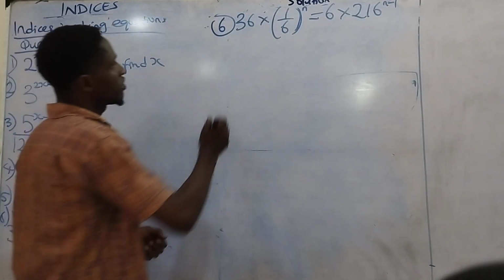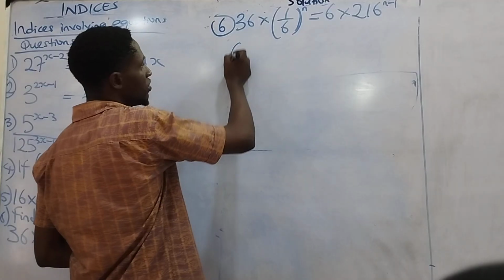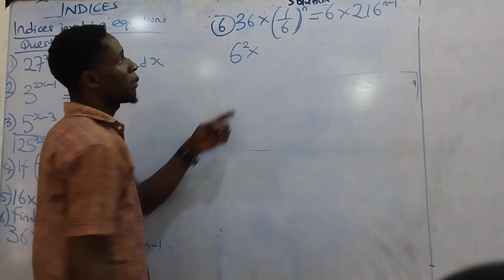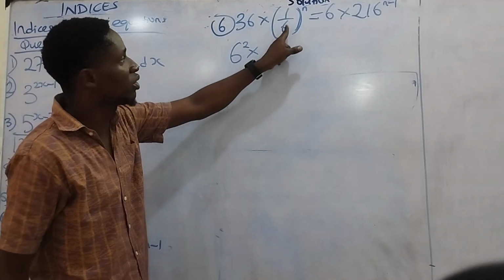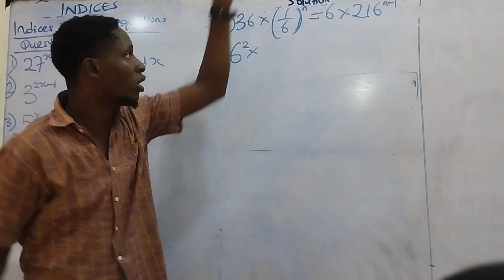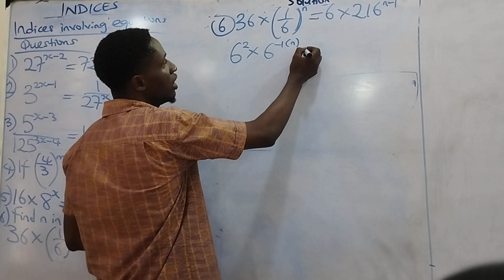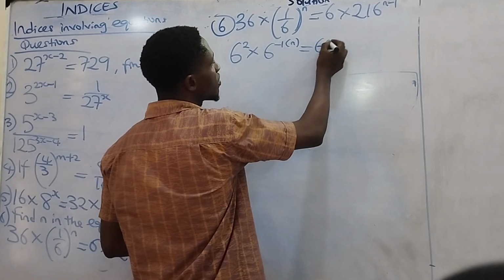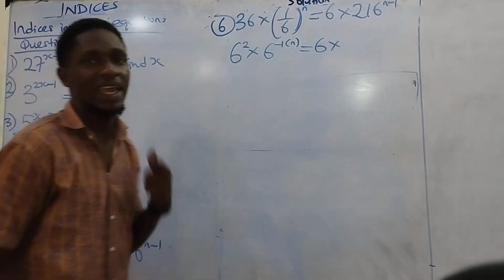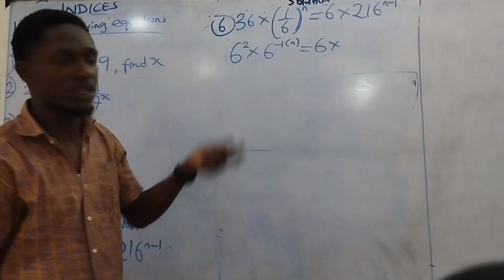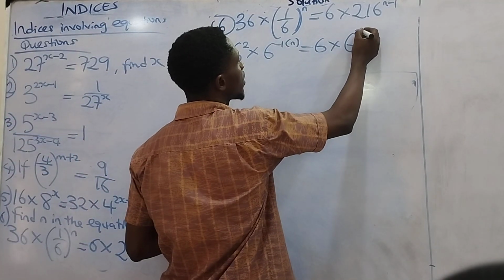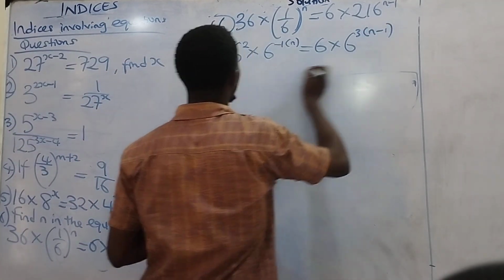So going by this, what is 36 in index form? 6 raised to the power of 2, times, applying the negative index law, the power here is 1. Let's take this up. This is 6 raised to the power of minus 1, bracket n, is equal to 6 times, 216 in index form is 6 raised to the power of 3, 6 raised to the power of 3 bracket n minus 1.